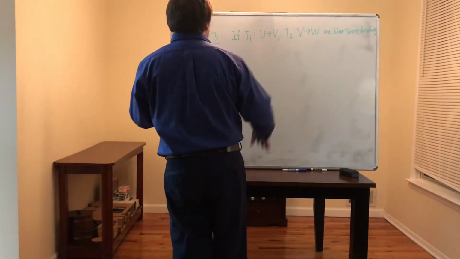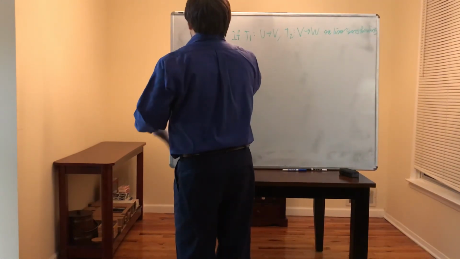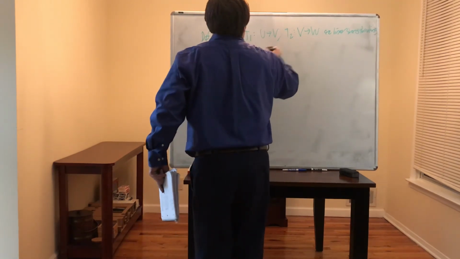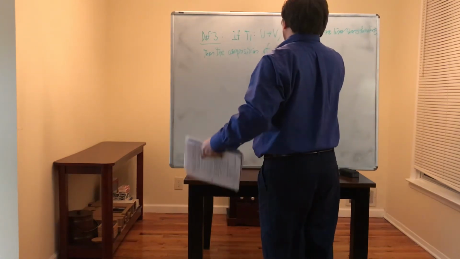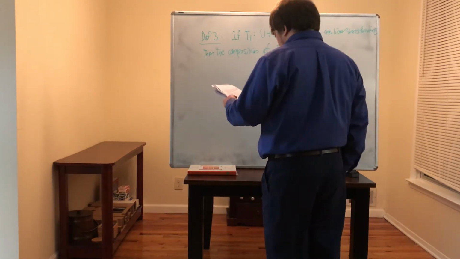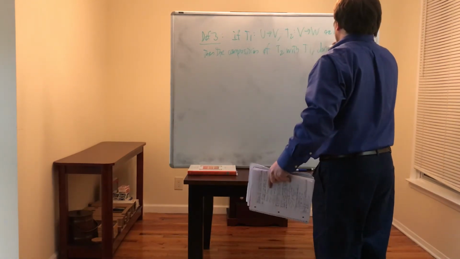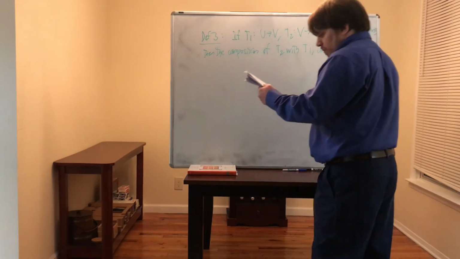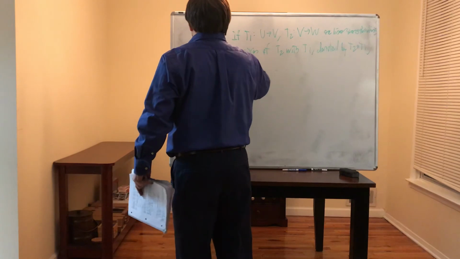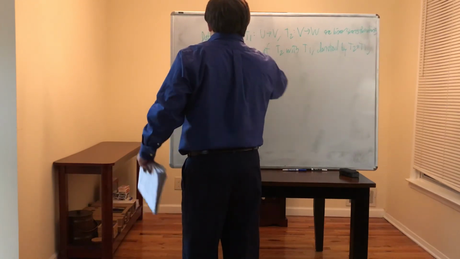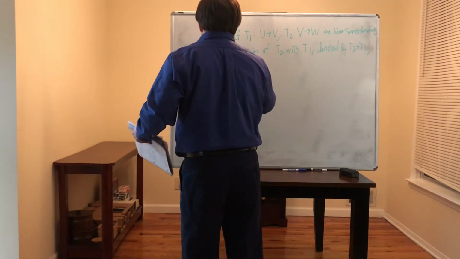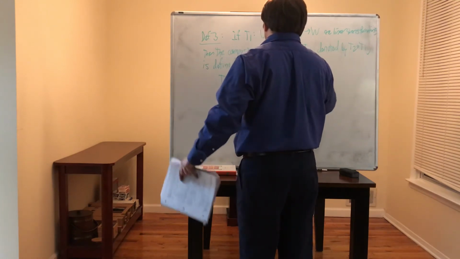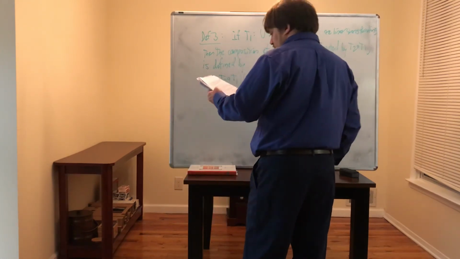So T1 and T2 are linear transformations. Then the composition of T2 with T1, denoted by T2 composed with T1, is the function defined by T2 composed with T1 of u is equal to T2 of T1 of u.